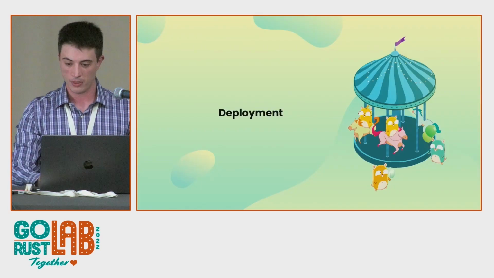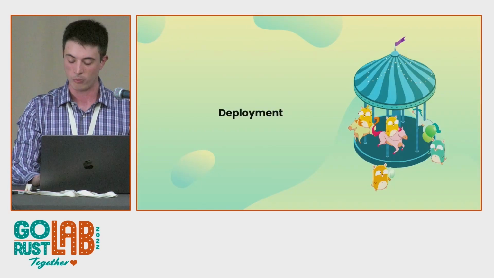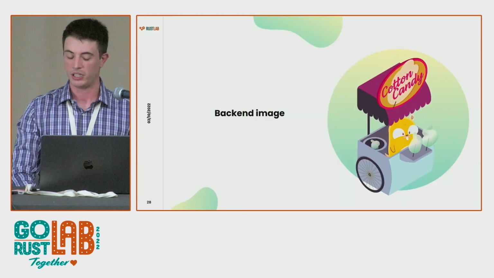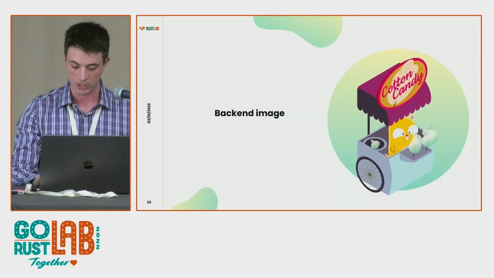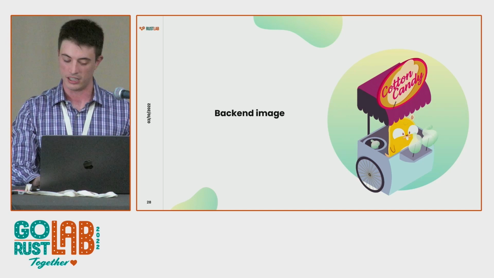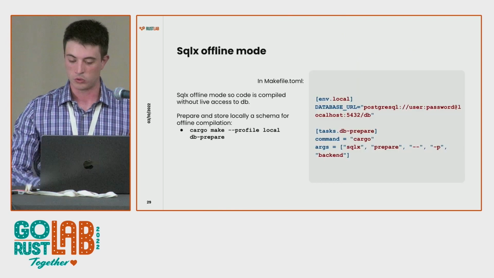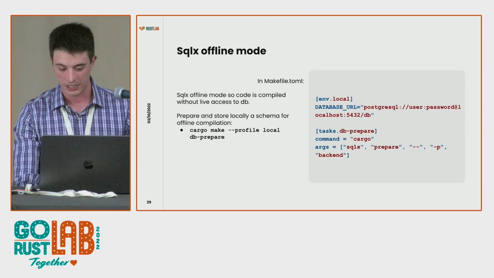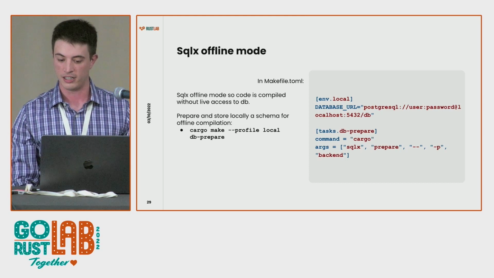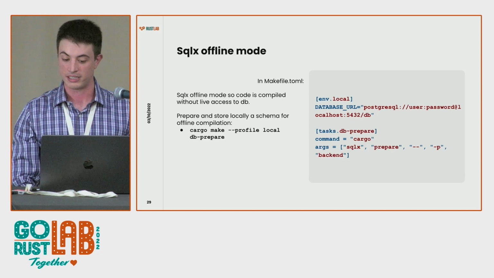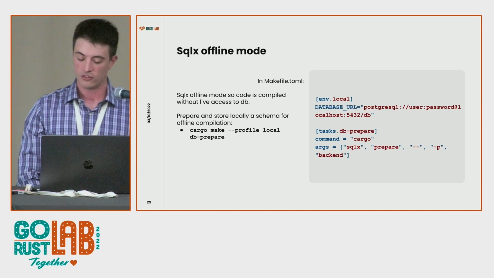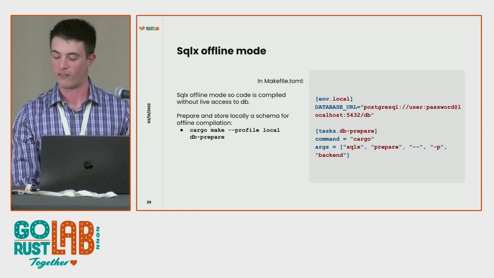All right, now we can go to the deployment. So first of all, we need to build the release images, because so far we just had a local stack for development purposes. So to build the backend, remember that I mentioned that SQLX uses compile time checks. So when we build for release, we probably don't want to have access to a live database just for the compilation.